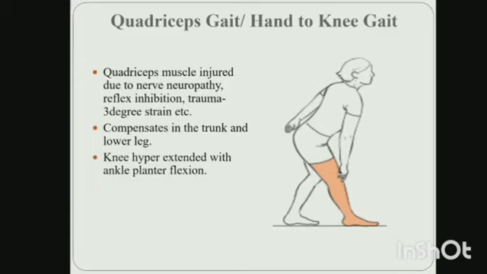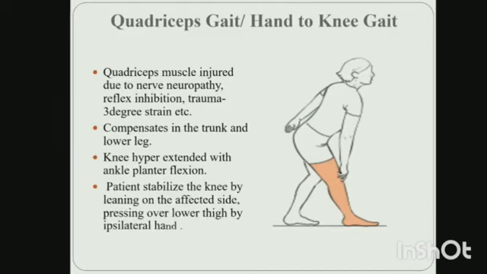Knee hyperextension with ankle plantar flexion will be observed in this gait, and the patient will stabilize the knee by leaning on the affected side and pressing over the lower thigh with the ipsilateral hand. You can see the gait pattern and the pressing over the thigh by the ipsilateral hand in this picture as well.